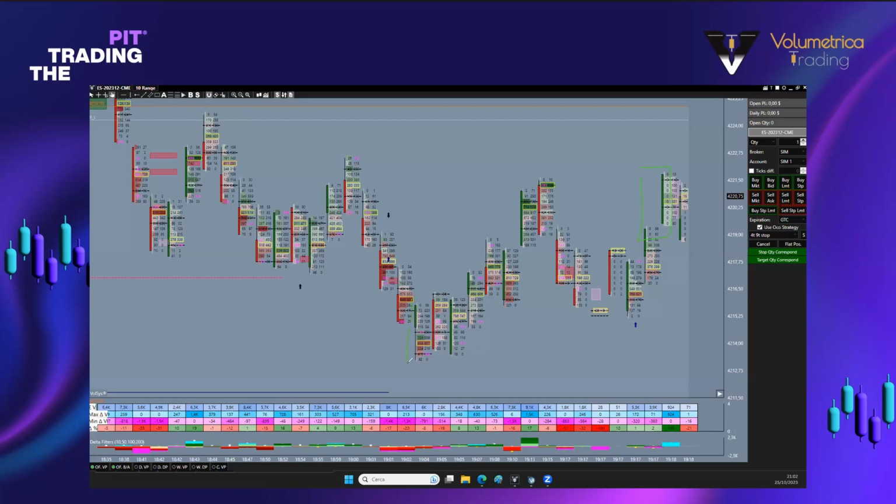Here, when we said where can we really tell that sellers were absorbed, somewhere here, when the initiative move after the further exhaustion pullback took place.